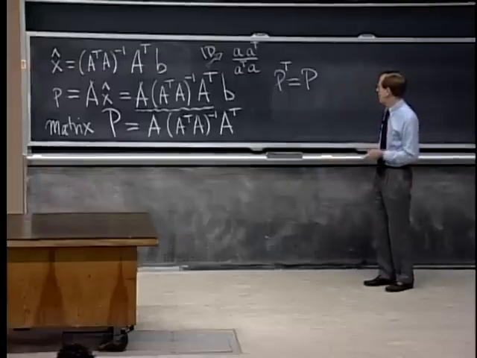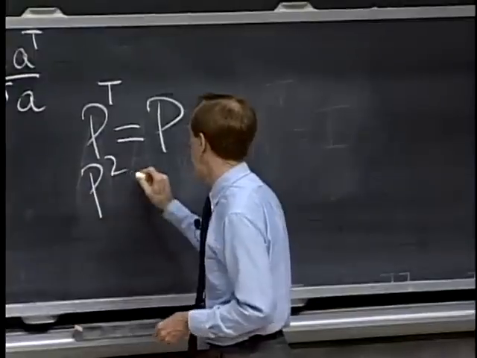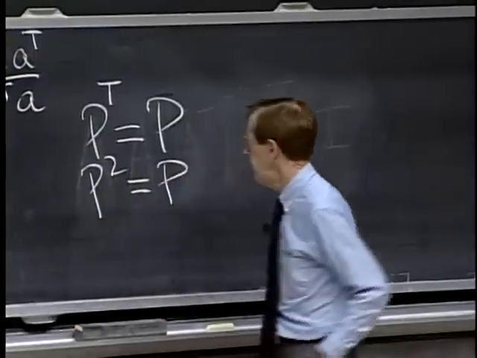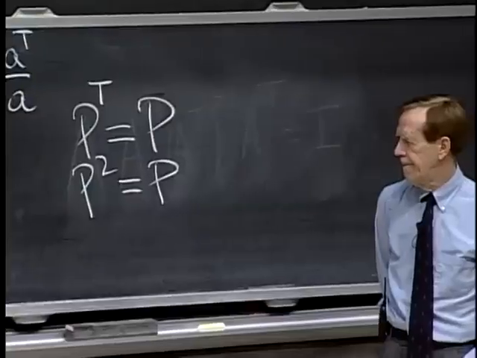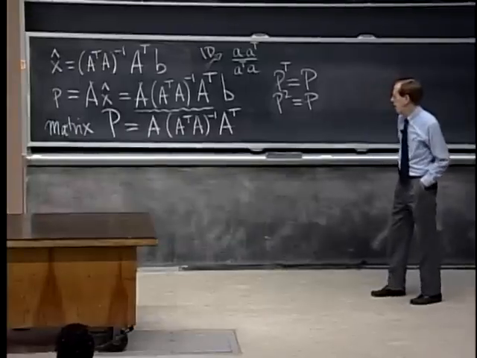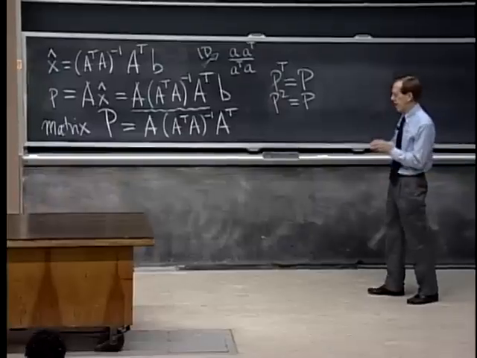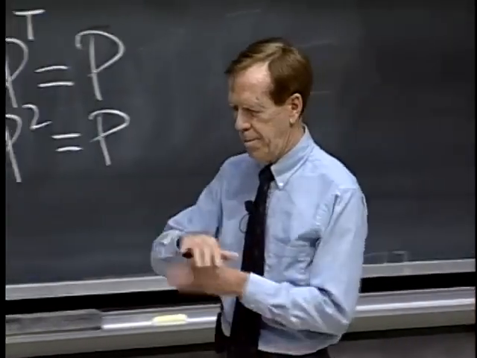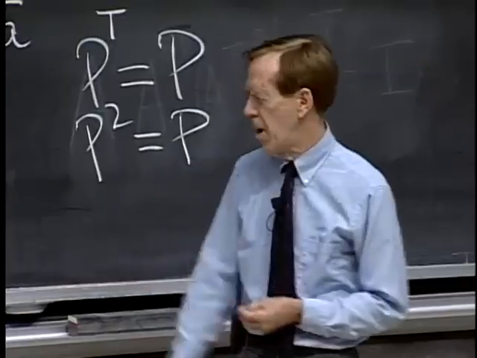And do we dare try the other property, which is P squared equal P? It's got to be right, because we know geometrically that the first projection pops us onto the column space, and the second one leaves us where we are.